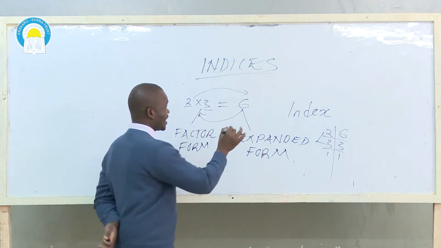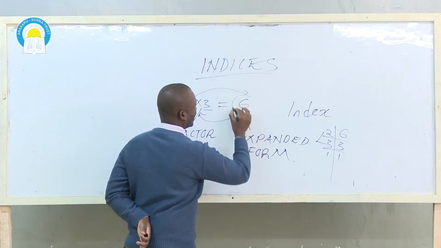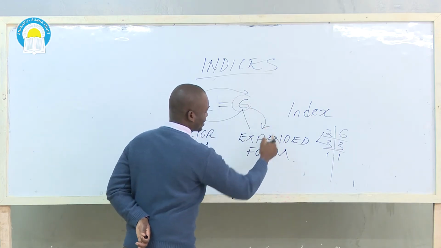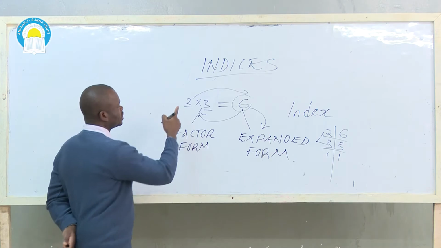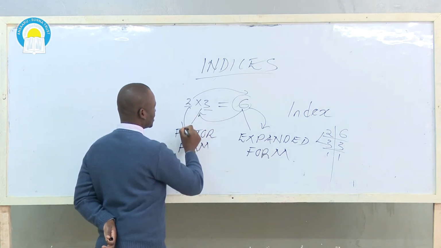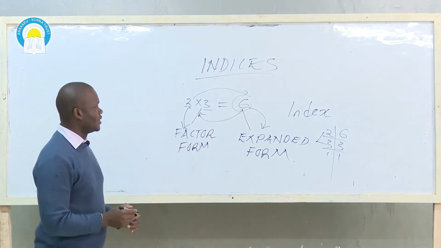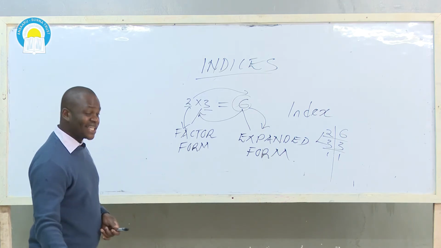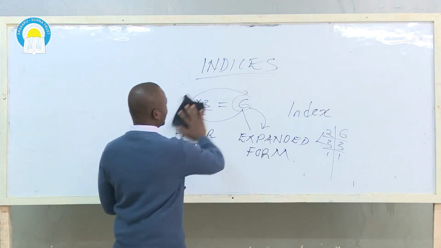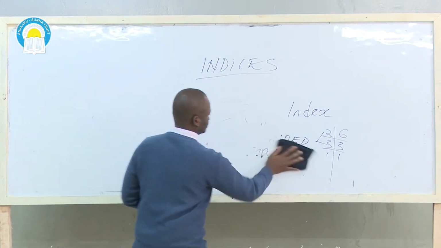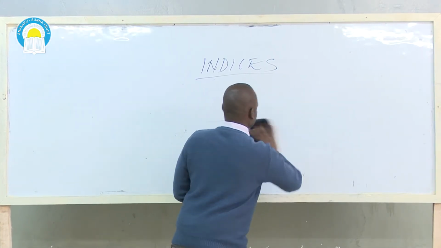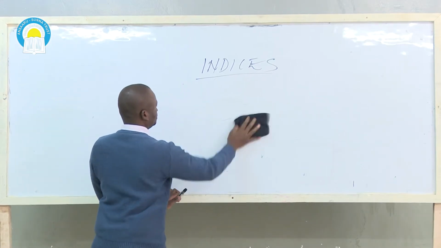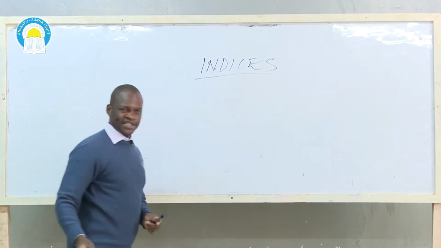So in that regard, 6 is said to have assumed the expanded form, while 2 times 3 is said to have assumed the factor form. So I want to use this to introduce the index form. Now consider this.